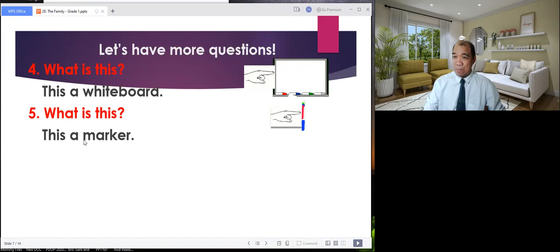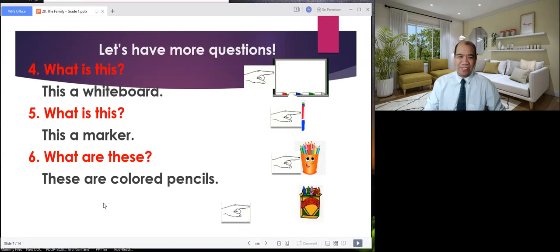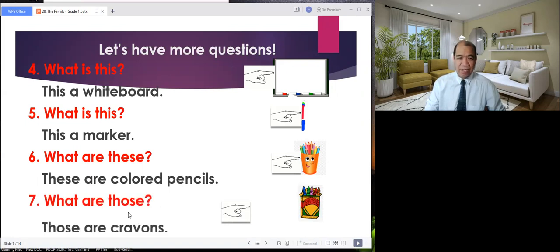This is a marker. What are these? These are colored pencils. What are those? Those are crayons.